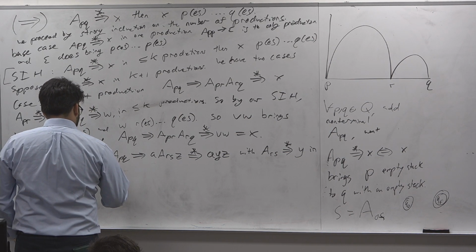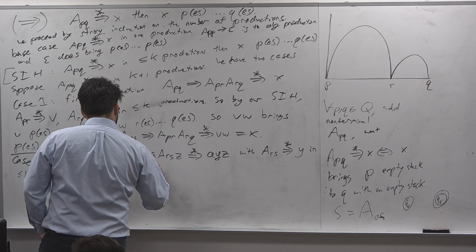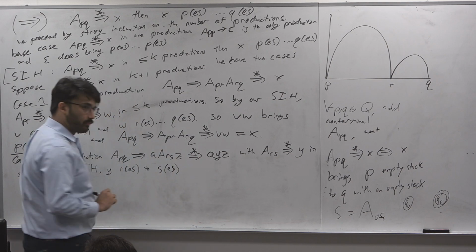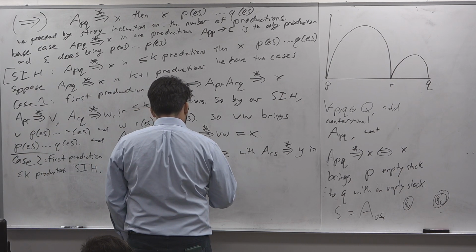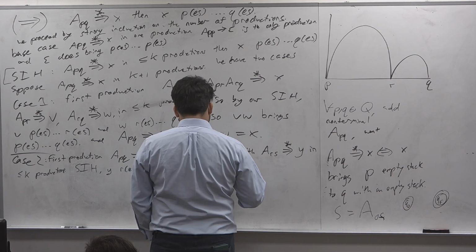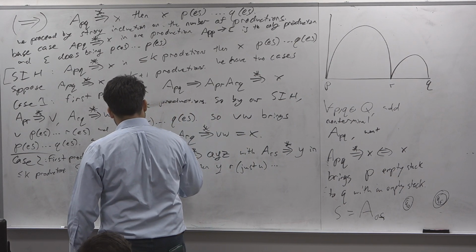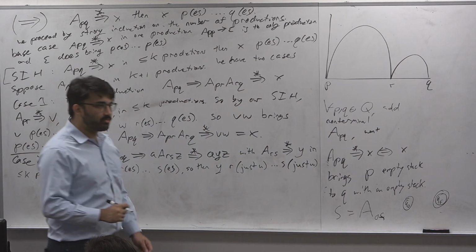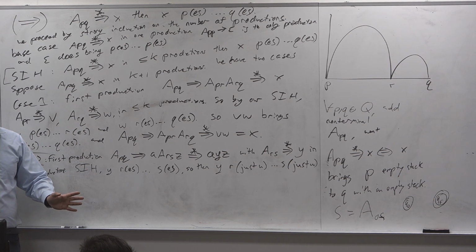So Y brings the PDA from R empty stack to S empty stack. So would you agree that Y can also bring the PDA from R with just U in the stack to S with just U in the stack? If the string can bring the PDA from R to S, empty stack to empty stack, it can bring the PDA from R with just U in the stack to S with just U in the stack.